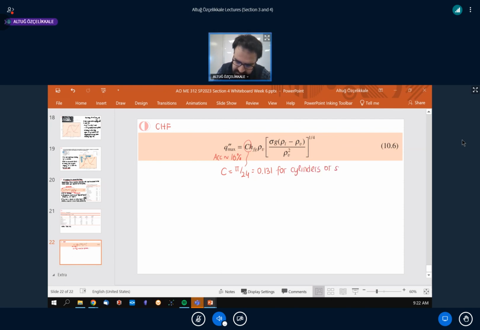or spheres like small particles that are being, let's say, dropped in water during quenching, for instance, right? They're going to cause local boiling of water around. Or the parameter of 0.149 works better for flat plates.